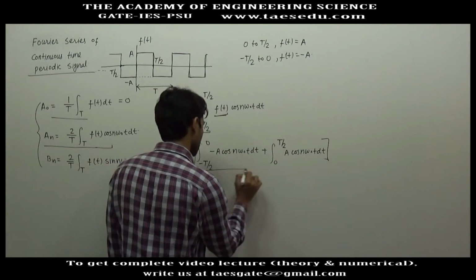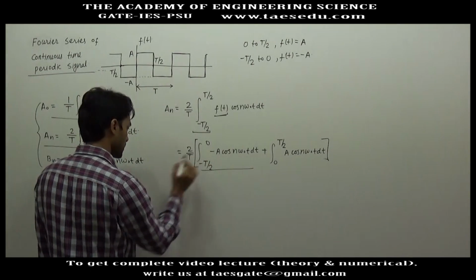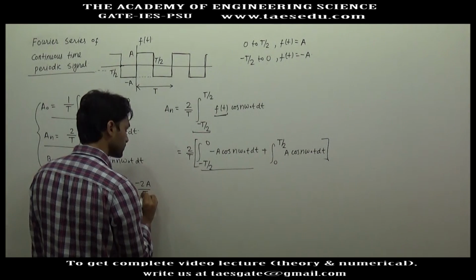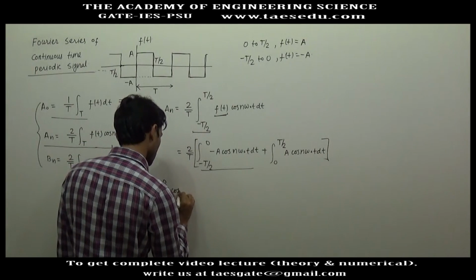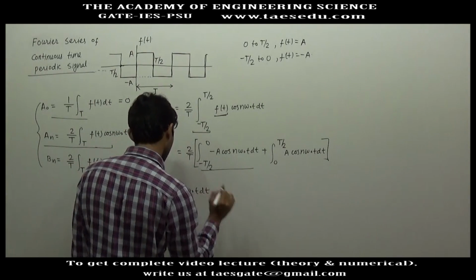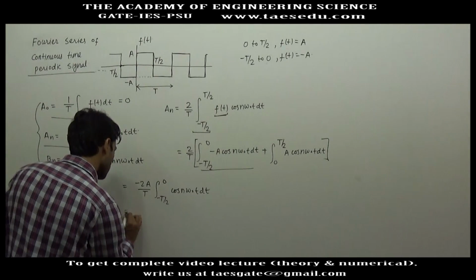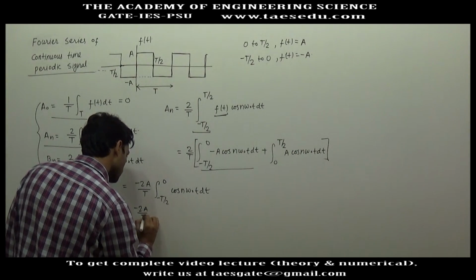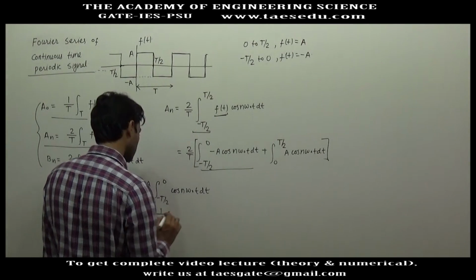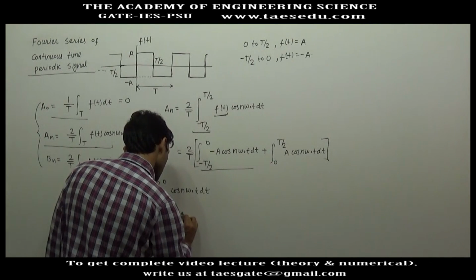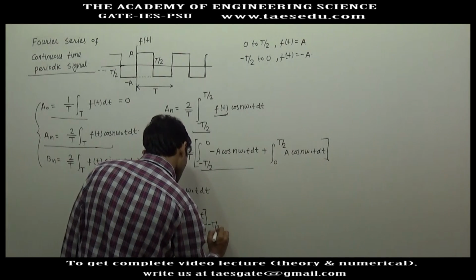Now solving for this term, this will be minus 2a by T integration from minus T by 2 to 0 of cos n omega naught t dt. So its integration will be minus 2a by T into 1 by n omega naught, and this will be sine n omega naught t, with limits minus T by 2 to 0.